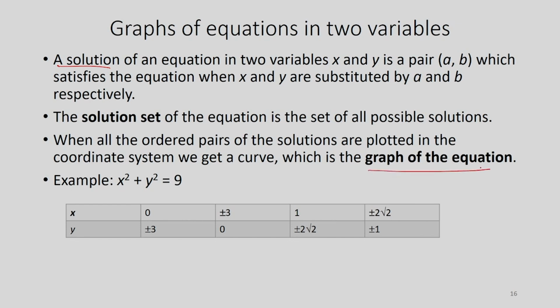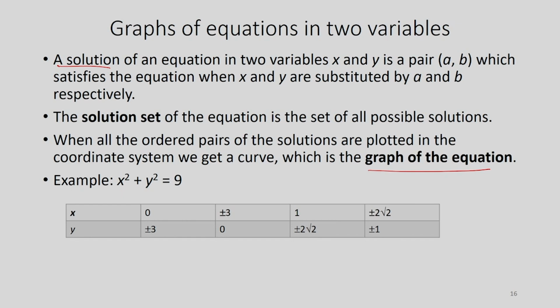So, that is the definition of the graph of any equation. First we talk about solutions, right, and then we talk about set of solutions or solution set. Then we talk about plotting the solution set in a coordinate system. After we have plotted the solution set in a coordinate system, we get a graph, and that is called the graph of the equation.